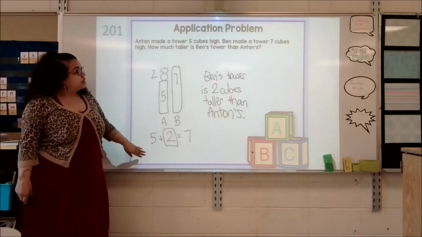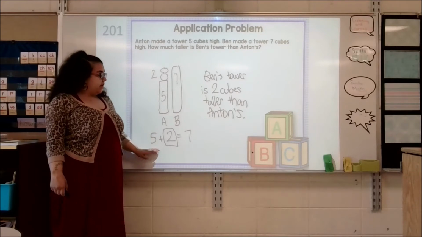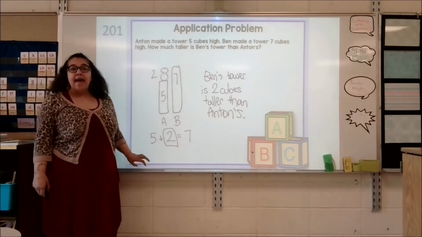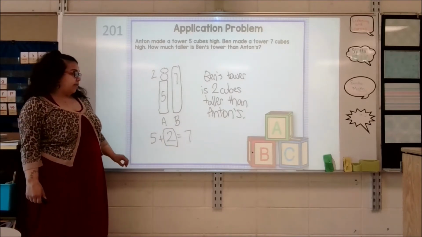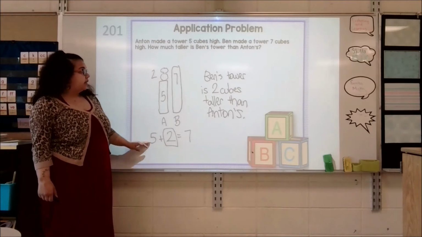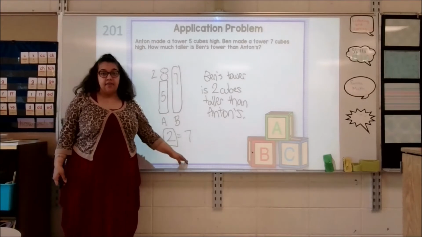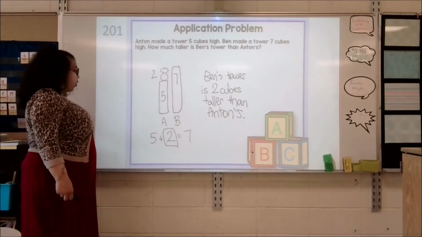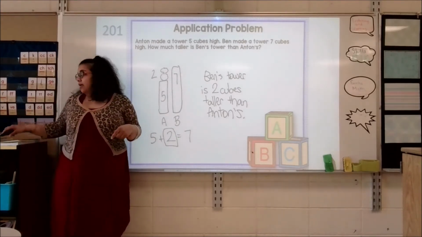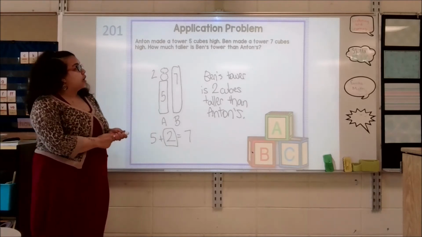Now, I solved this problem as a missing part problem. How else could I have written to solve this problem? I could do 5 cubes plus some more is equal to 7, which is what I did. Or what other number sentence could we have used to solve this problem?